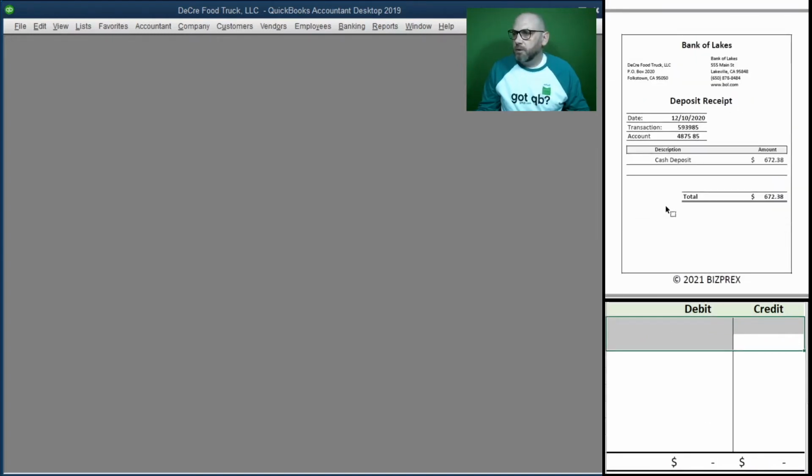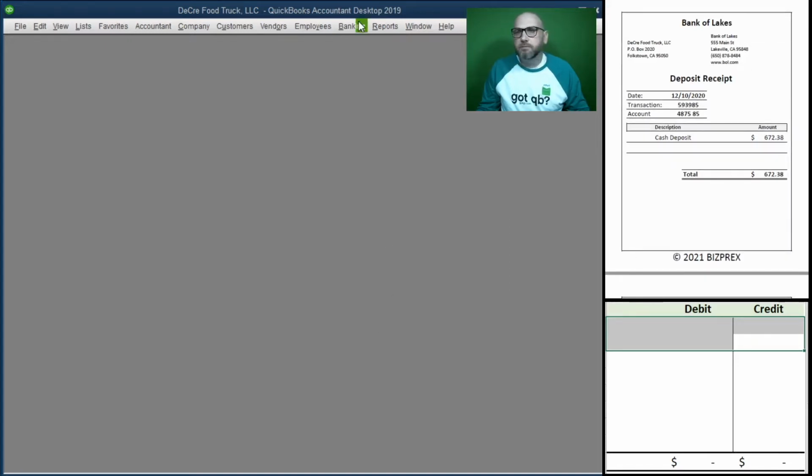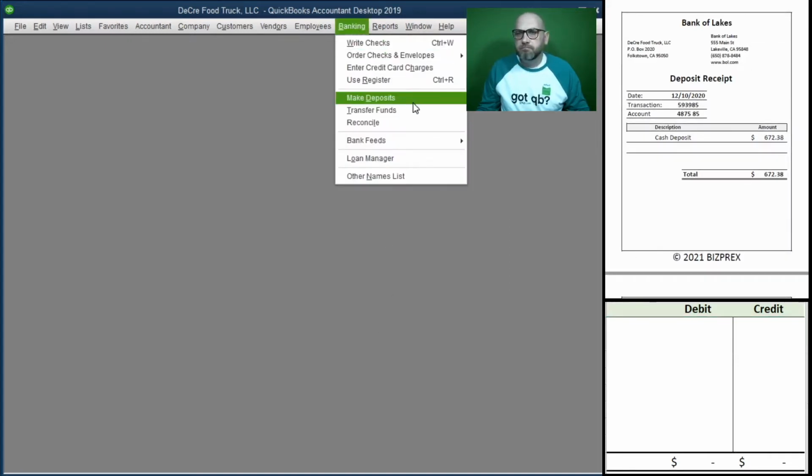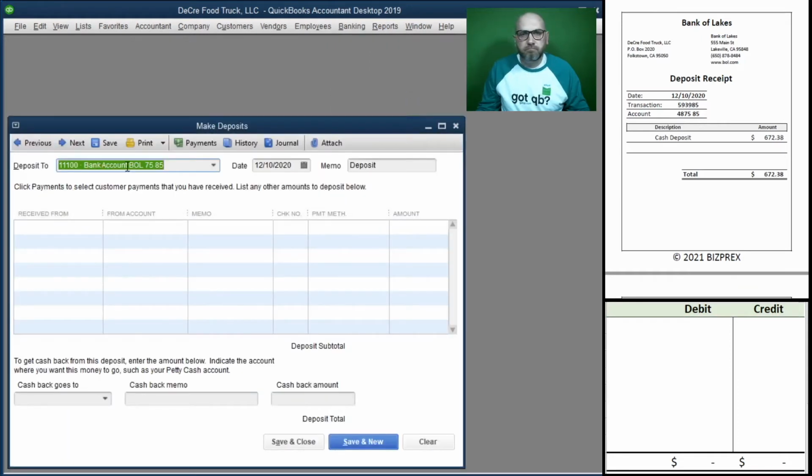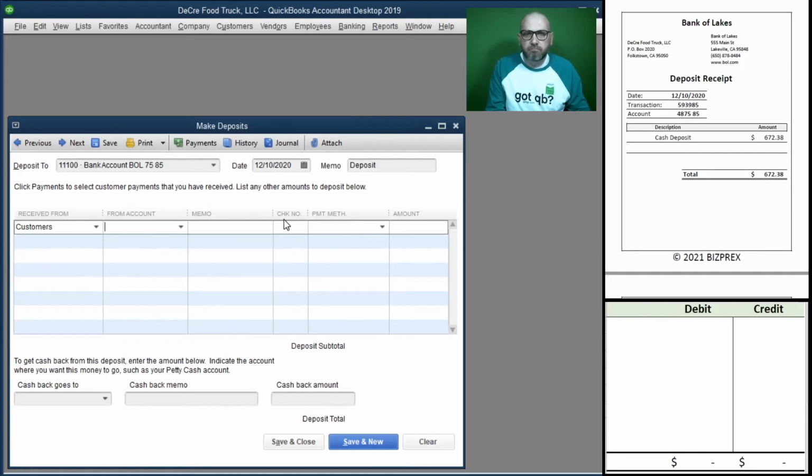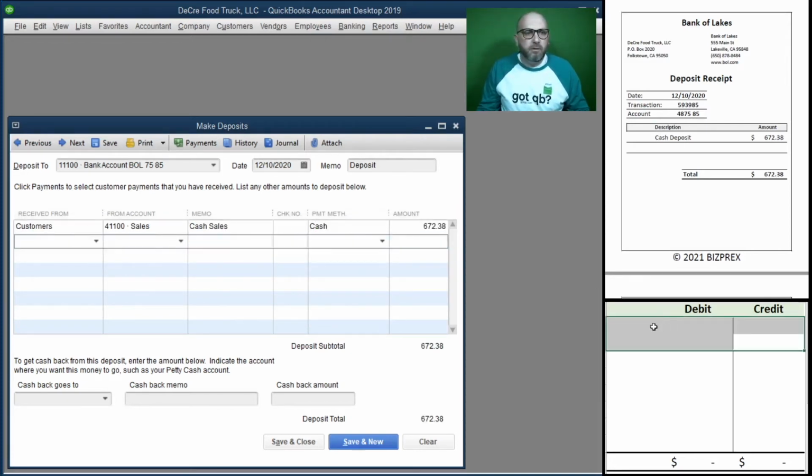All right. Next, we have a cash deposit. That's our cash sales. Alrighty, it's a very familiar transaction.